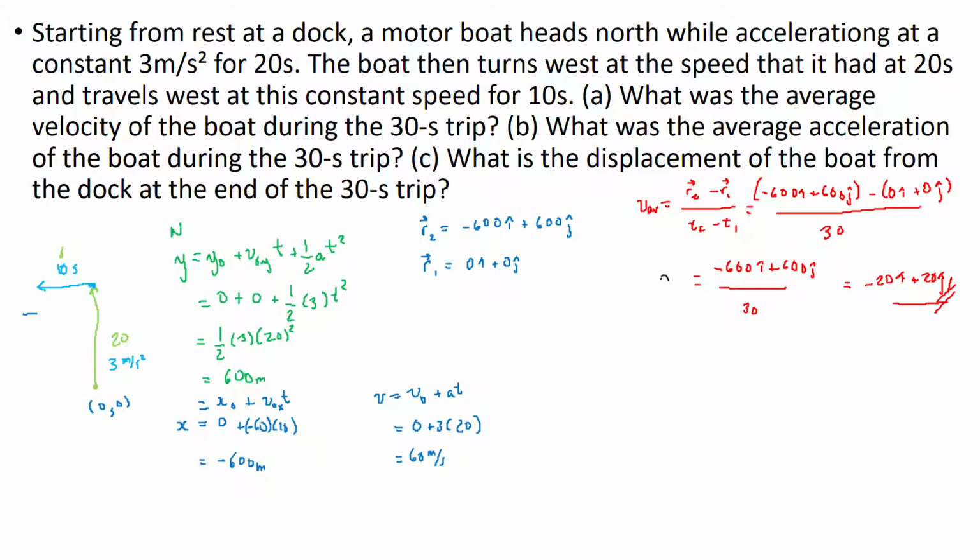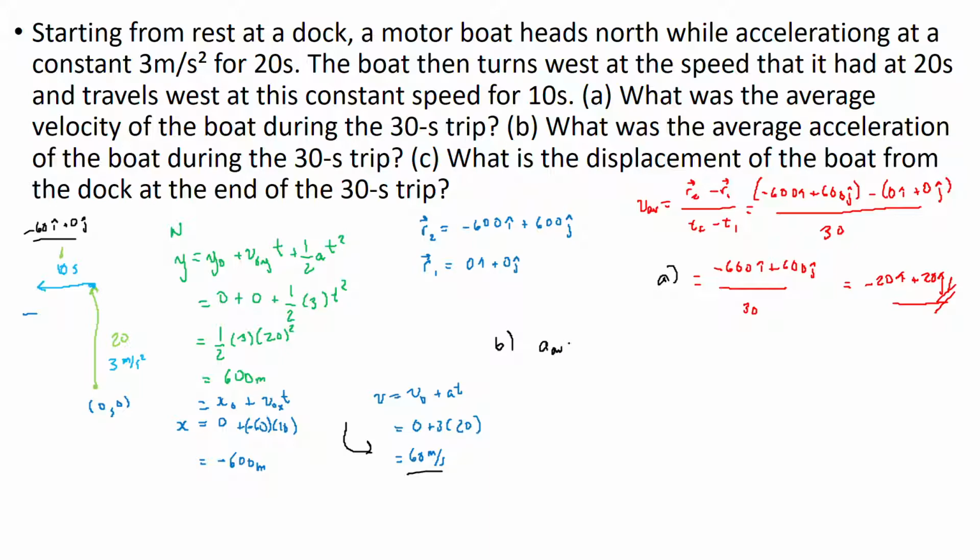Let me write here part A, part B. We know that the final velocity here, computed there, is minus 60 I plus 0 J. If you're wondering where this came from, it's going west, therefore this is negative.